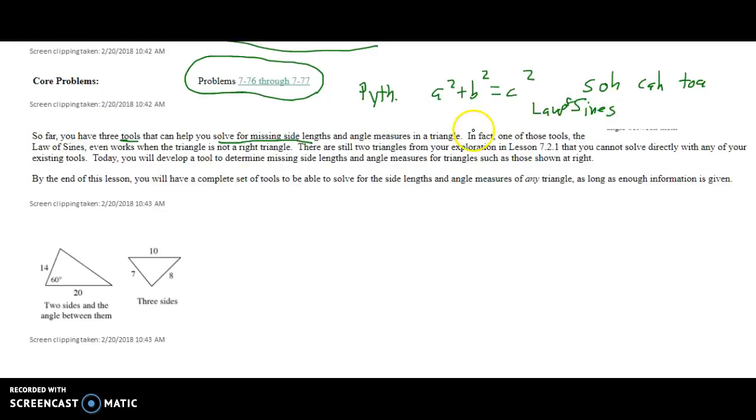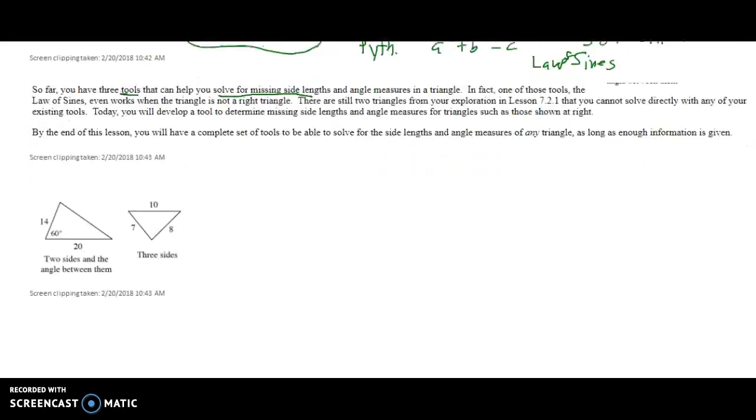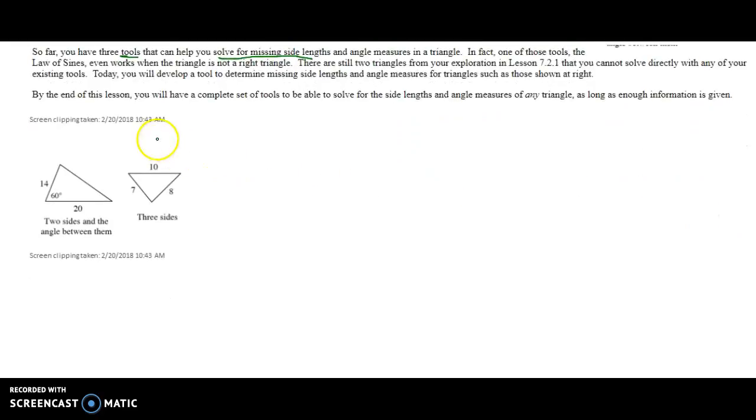Now we're going to focus on the law of cosines. It really helps us out when we have triangles where we may have three sides but no angles, or two sides with an angle in between them, because at this point we don't have a way to solve for them.